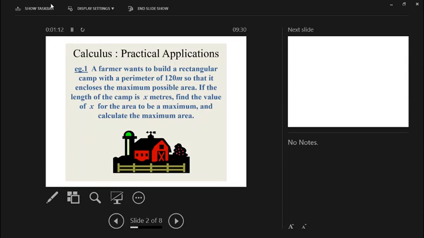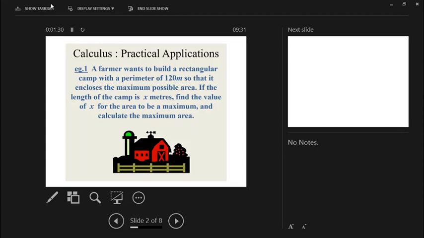So if we have time, I'm going to show you different examples of that, where if you do the perimeter, you still get to 120. So you can have a square or a rectangle or whatever. And the dimensions of the shape actually change the area, even though the perimeter stays the same.